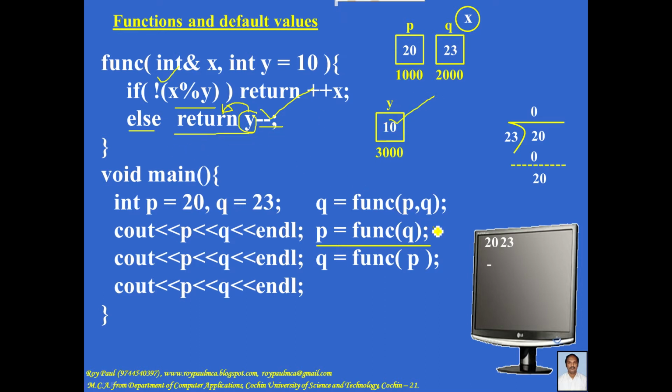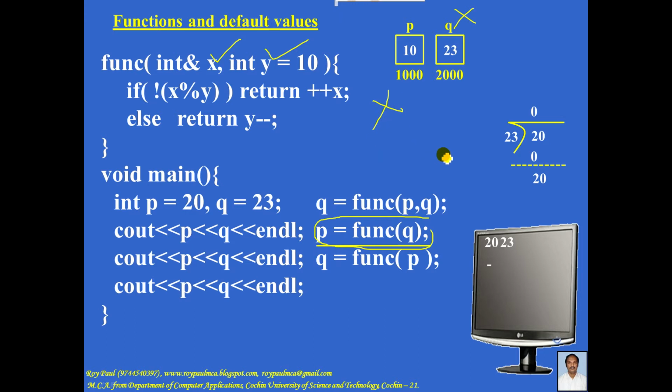To where is 10 returned? To the point from where the function was called. So here you get 10, that is assigned to p. So now your p contains 10. And after doing that, y minus minus, so now your y becomes 9. Finally, when the control comes here, remember the names x and y do not exist.